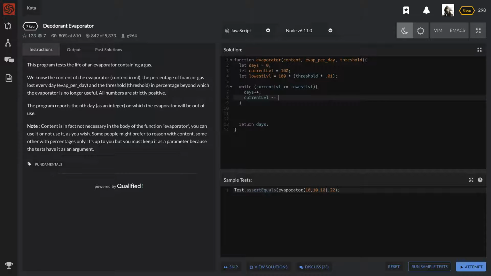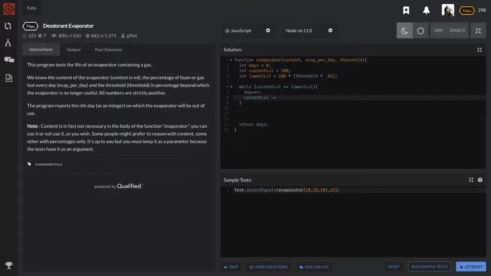And so how do we calculate the percentage used every day? We take current level, and we find out how much is used that day. And because evaporation per day is a percentage, we have to take the percentage of the current level.